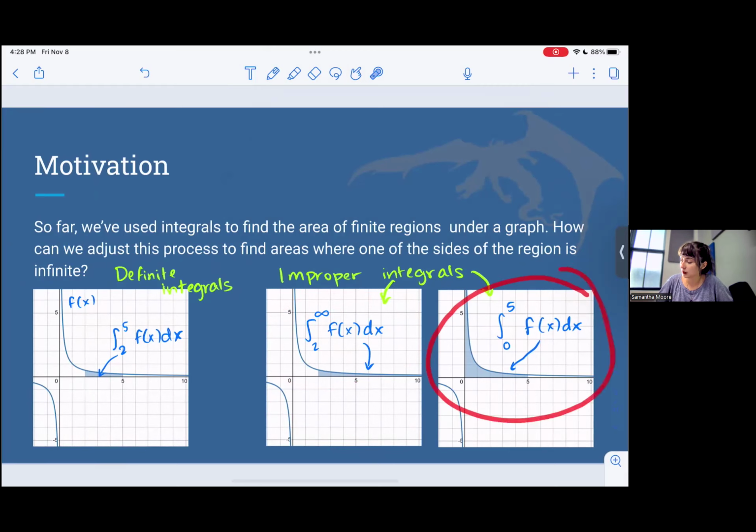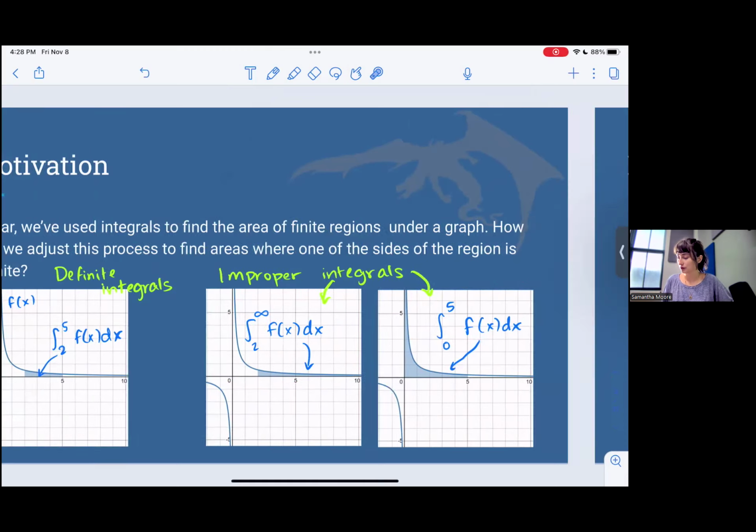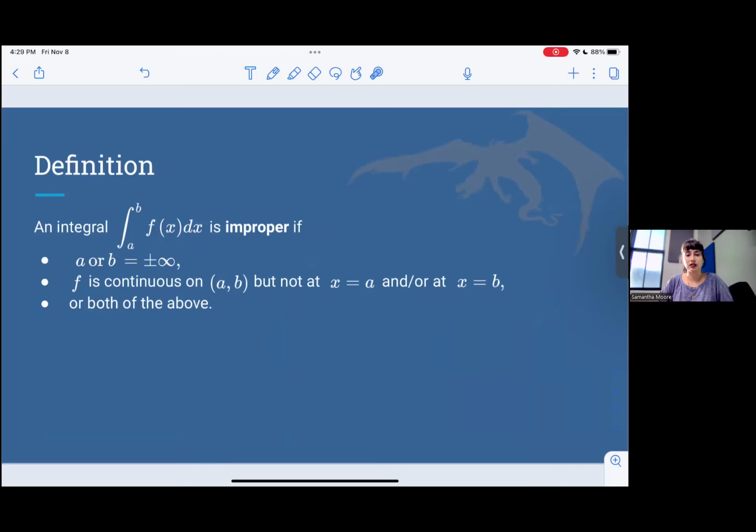And then in this picture, my function is continuous on the open interval 0 to 5, but it's not continuous at x equals 0, because we've got an asymptote going on there, and so that's why this integral is an improper integral. Okay, so those are the warning signs that we're going to look for: infinite bounds, infinite integrands, or places where our function is not continuous.